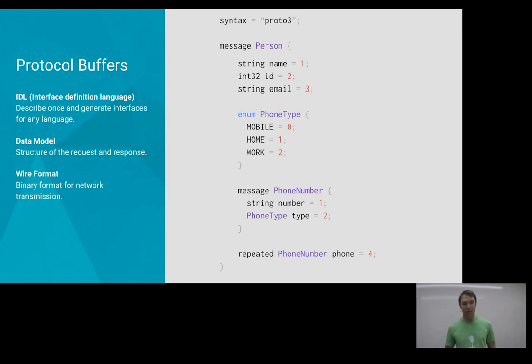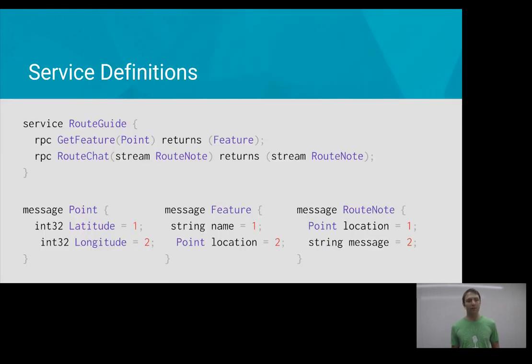Here you can see we are defining a person data structure, with a name, an ID, and multiple phone numbers of different types. Along with data structures, we can also define RPC functions in the services section of the proto file. There are several types of RPC calls available. As we can see in Get Features, we can do the standard synchronous request-response model, but we can also do more advanced types of RPC calls, such as with Route Chat, where we can send information via bidirectional streams in a completely asynchronous way.